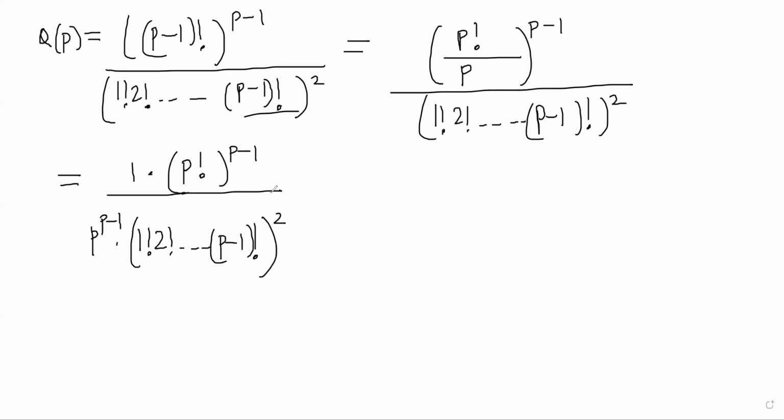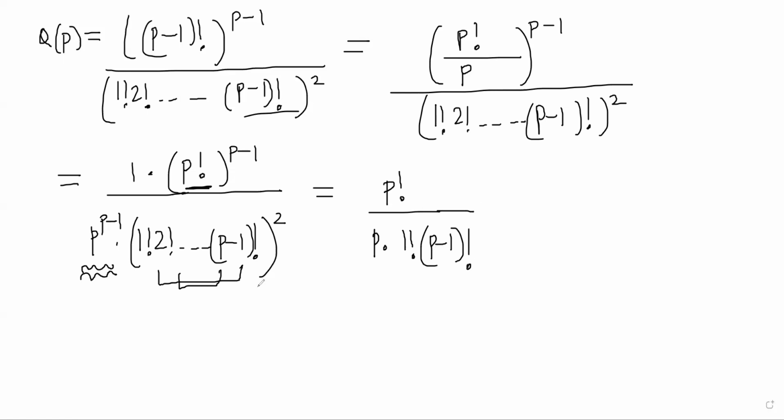So now what I will do, notice that there are p minus 1 terms of p factorial here, and there are p minus 1 p's here, and I just need to use these somehow, right? So I can write it as p factorial divided by 1 p and p factorial divided by p and 1 factorial and p minus 1 factorial. What have I taken? Notice what is this?